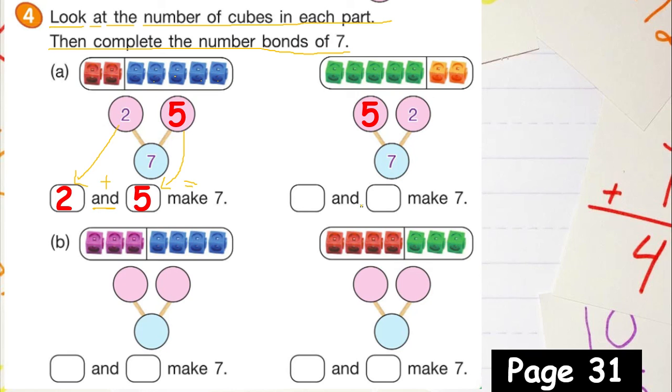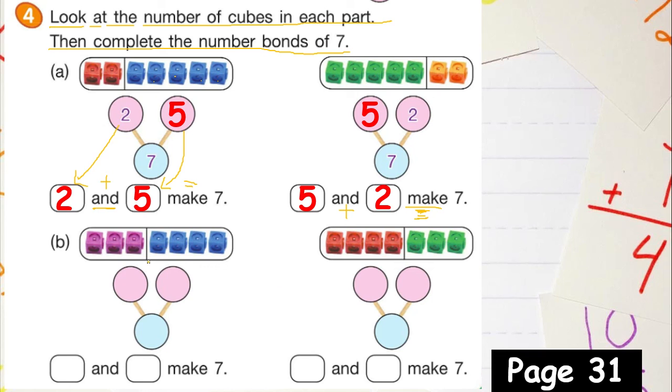So you're going to write there 5 and 2 make 7. Okay, so if you add 5 and 2, they will make 7. I'm sorry, okay? So, and again, and is plus, make is equals.